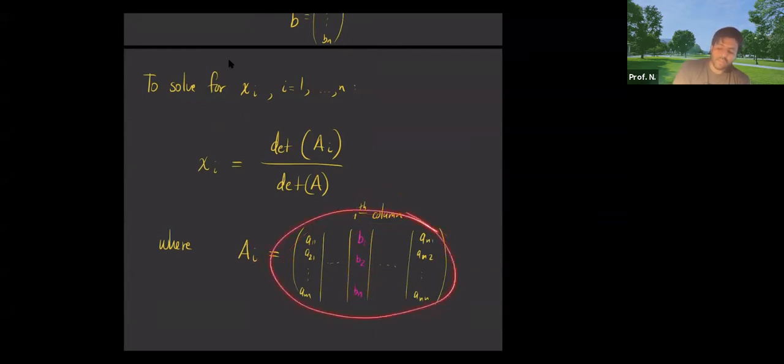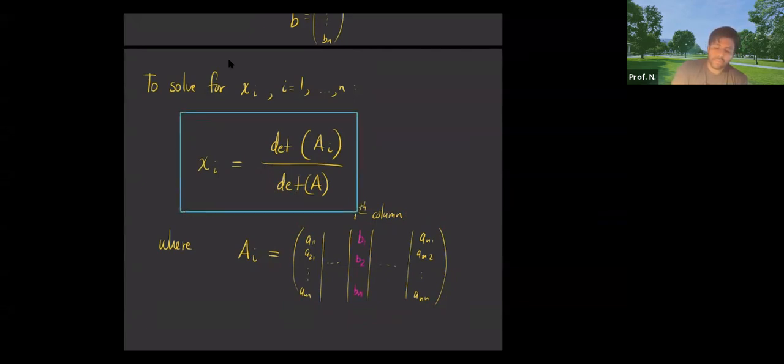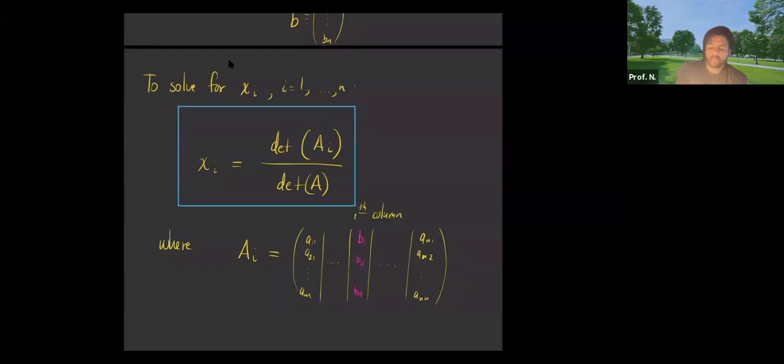And when I take the determinant of this new matrix divided by the determinant of the original matrix, that should always get me the value for the ith variable. And that's Cramer's rule. That's all it is. So let's say you have a bigger system, 3x3, 4x4, and you're not interested in finding all of the solutions at once.